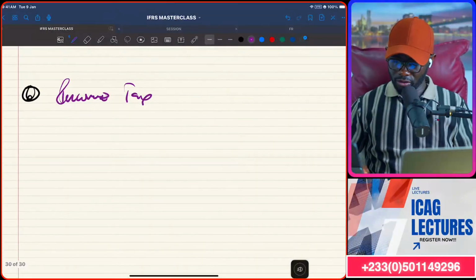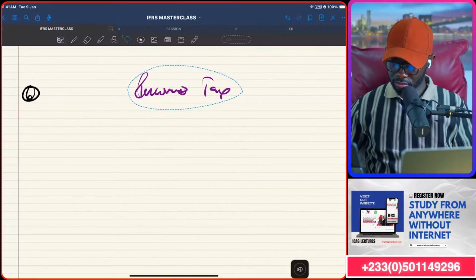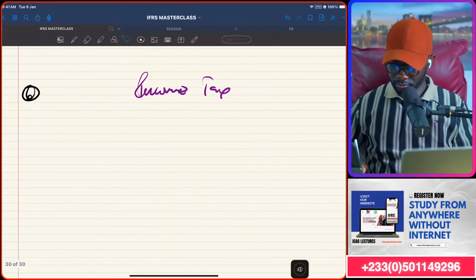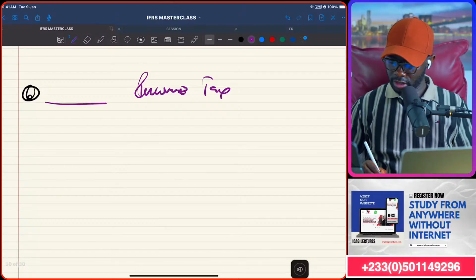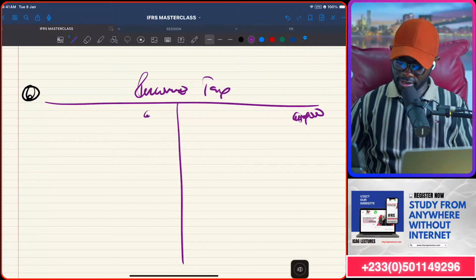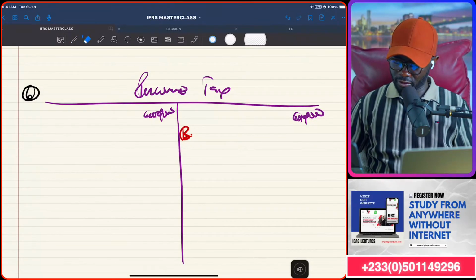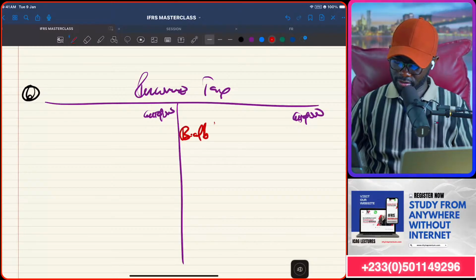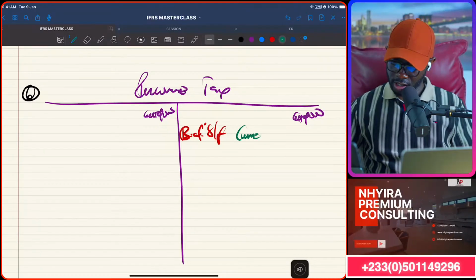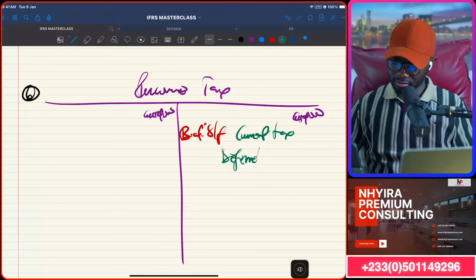So let's go there. I'm going to put the two together, as I mentioned, in a T account. So we bring in the balance brought forward, what is in the trial balance. The current tax, the deferred tax.